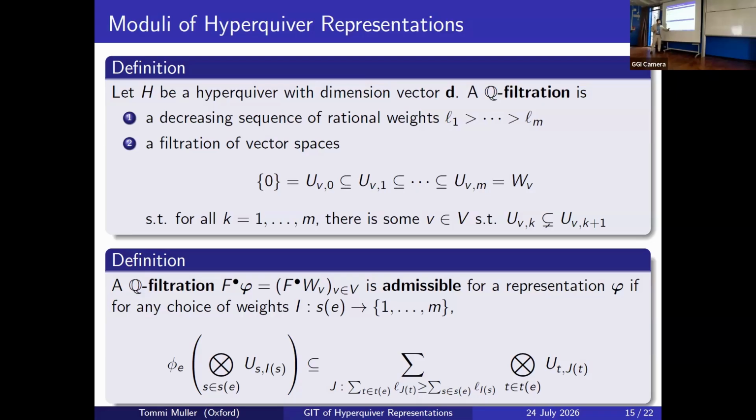So the inequality says that the sum of the weights at the target is greater than or equal to the sum of the weights at the source. And we'll explain why you need this.